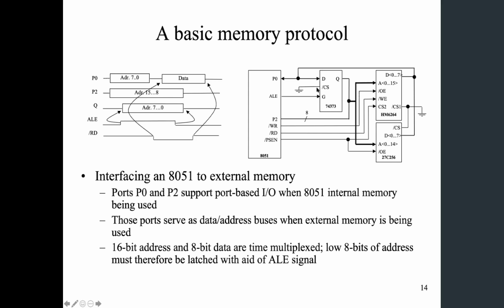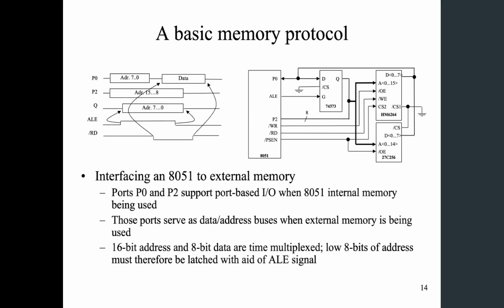So if you put a value here, 1, and if you give a pulse on this ALE, on this G signal, you will be able to pass the value from the D side to the Q side. So this chip will store whatever value you put on the D and reflect it on the Q until the next time you update this value.